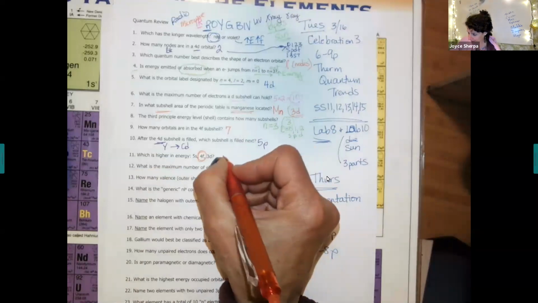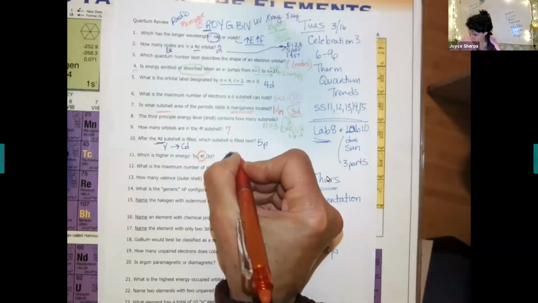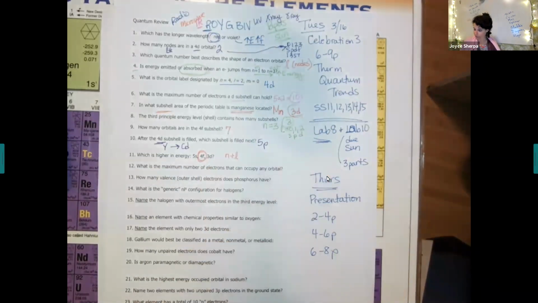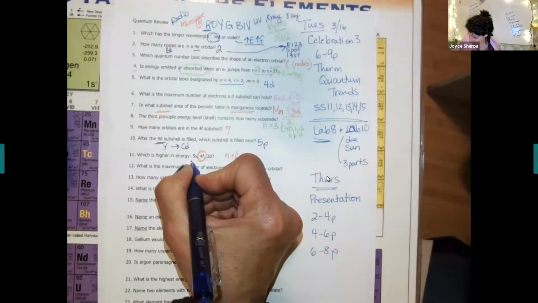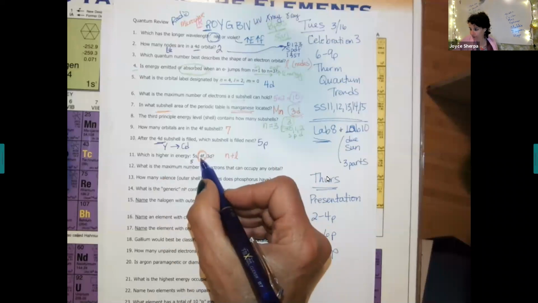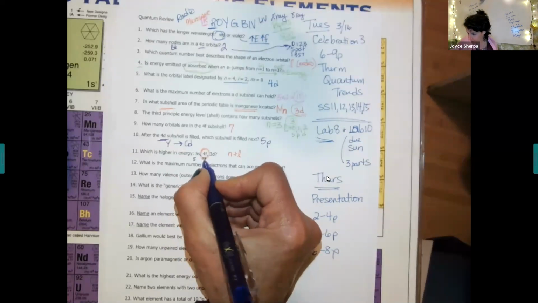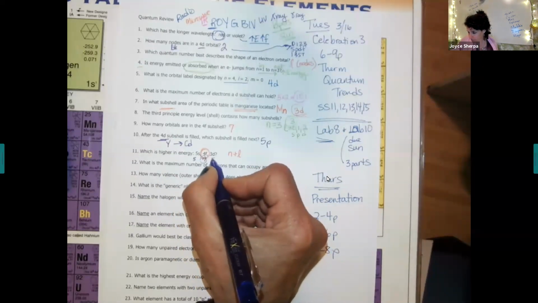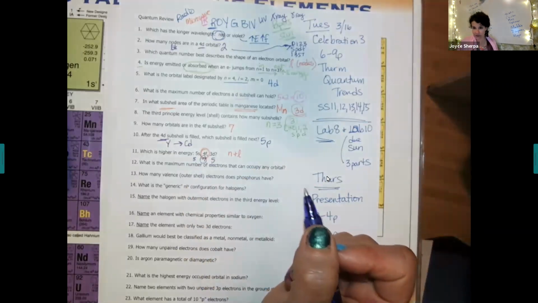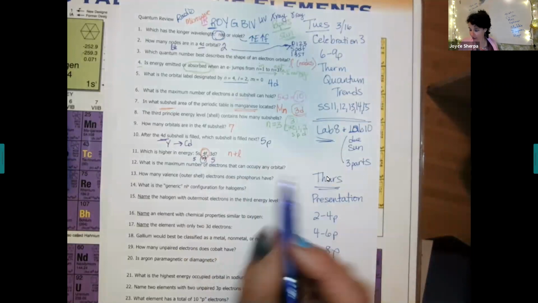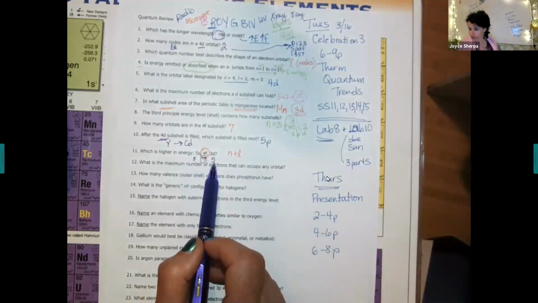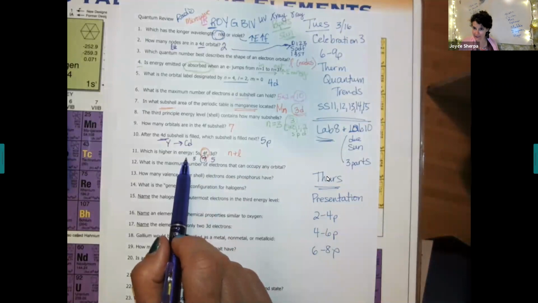The other way is you take the n plus the L number. So 5S, you would get 5 plus 0, so you would get the number 5. 4F, you'd have 4 plus 3, so you get a 7. And 3D would be 3 plus 2, which is 5. If they come out as the same number, the higher n number wins as the higher.